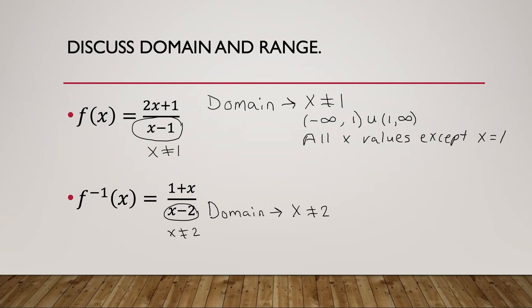We can say x cannot equal 2. We can build an interval notation around the 2. Or we can say, and this is the one I probably prefer, just say all x values except 2.